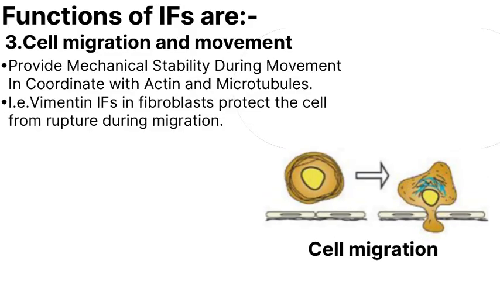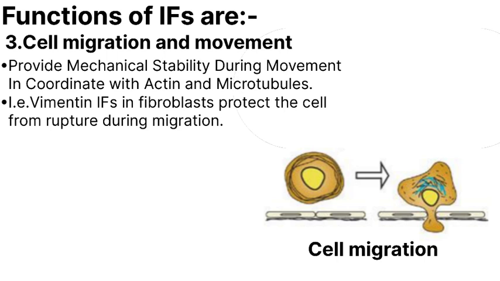See, one thing I would like to clarify here is that the IFs are involved in cell migration and movement. No doubt the actin and the microtubules are the main engine of cell motility, but the IFs play only a supporting or coordinating role in the movement of the cell.